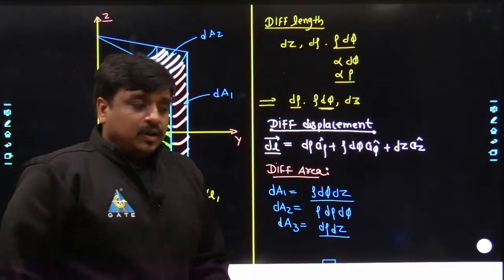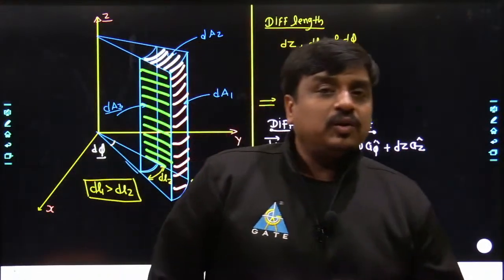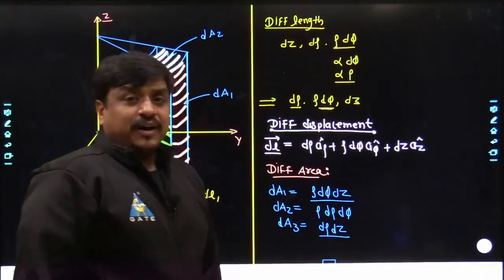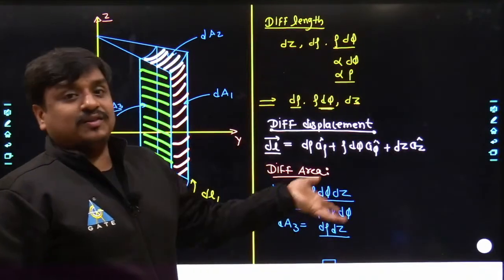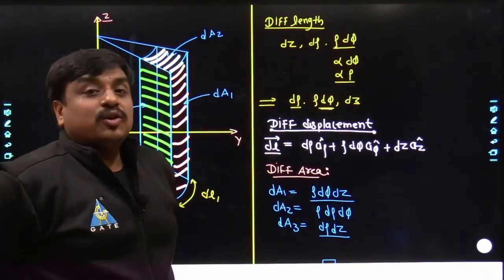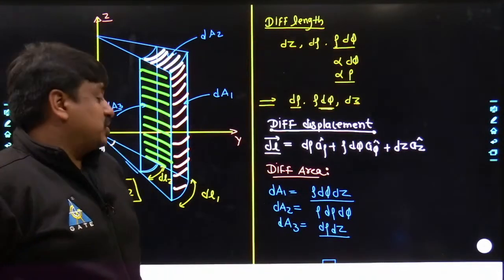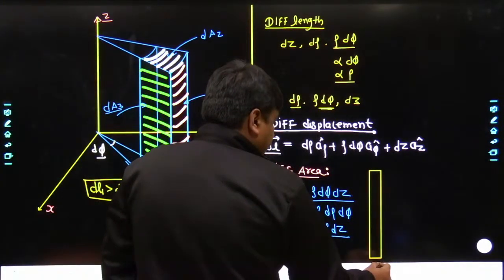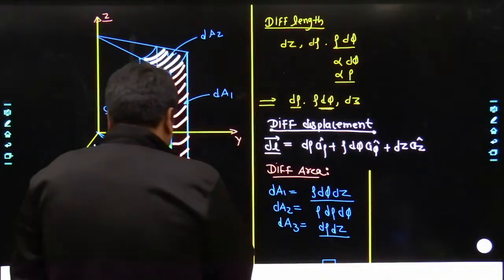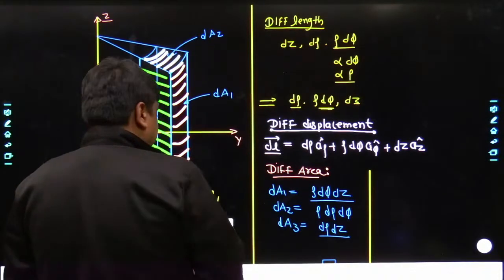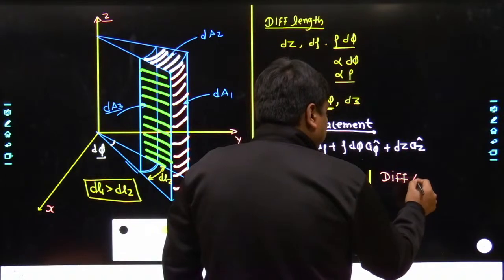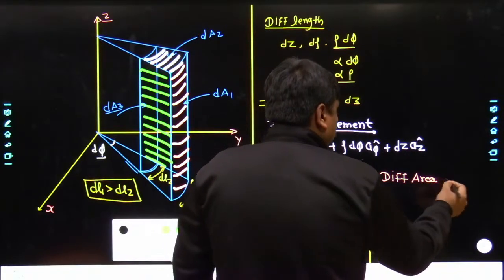Agreed? In the last class, if you recall, along with the differential surface area, I was also interested in finding the differential surface area along with its unit normal, because sometimes the direction of the surface makes much sense. So what I would do over here is bifurcate into two parts. Obviously the magnitude would remain as it is, but I would also draw the normal on it.